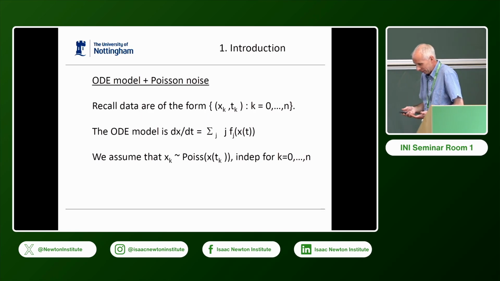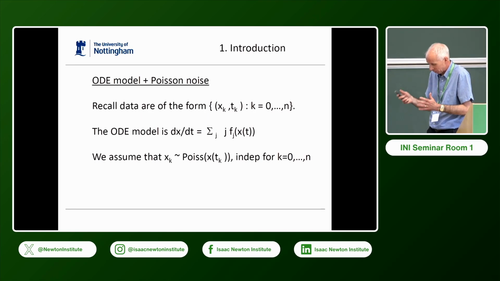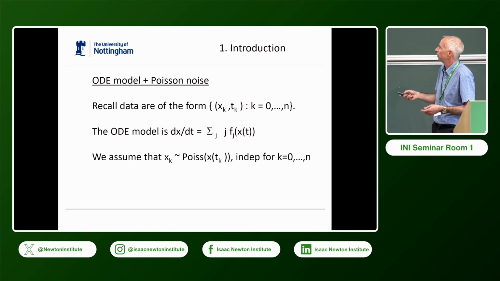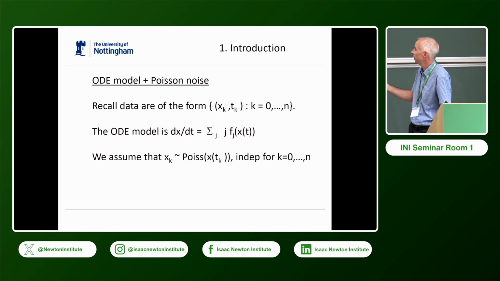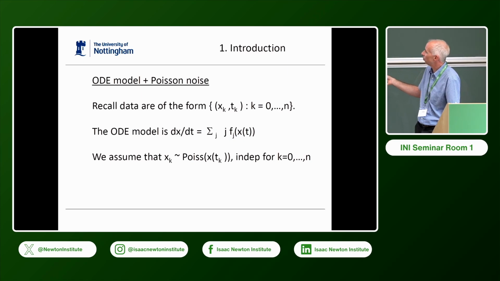So you have this class of models which are density-dependent Markov processes. What do I mean by an ODE model plus Poisson noise? This is something that's very common in, for example, infectious disease modeling literature, and I think elsewhere, which is the following. So your data look like this, so observed value at this time for a number of points.